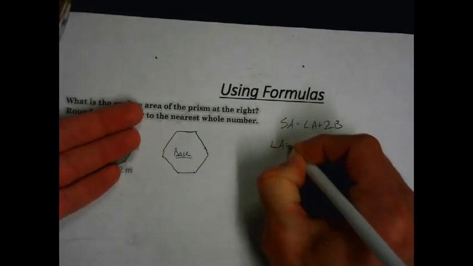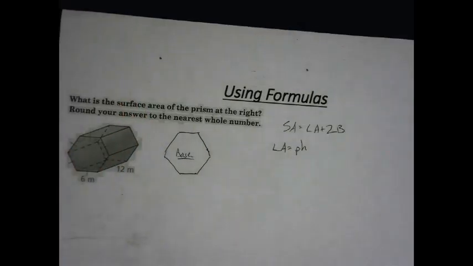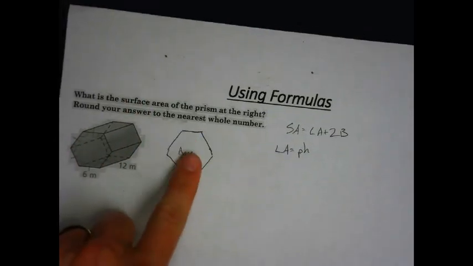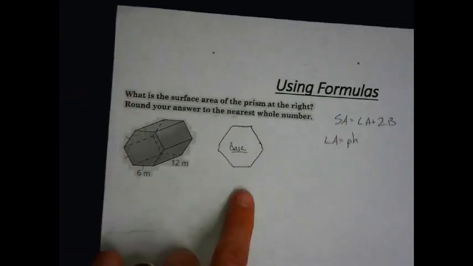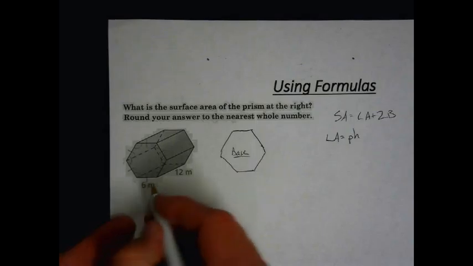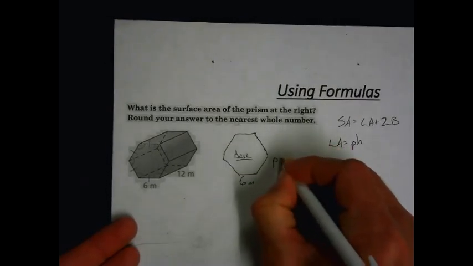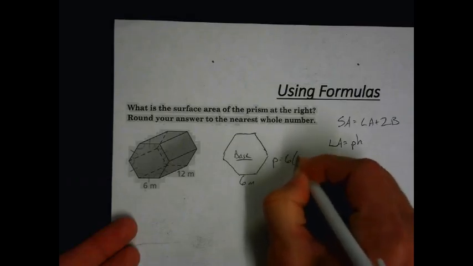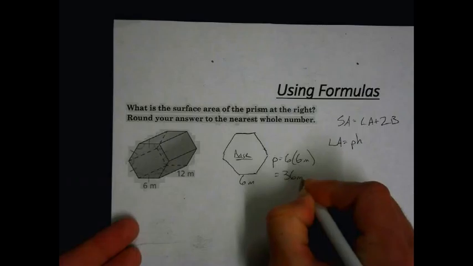Remember what lateral area is. Lateral area is the perimeter of the base times the height. And remember, the base is our hexagon, right? Right. So the base is the hexagon. So how is this going to work? We need to find the perimeter of the base times the height. Now, each side of the base is 6 centimeters. There are 6 sides, so we know the perimeter of the base is 6 sides times 6 meters. That gives us a perimeter of 36 meters.